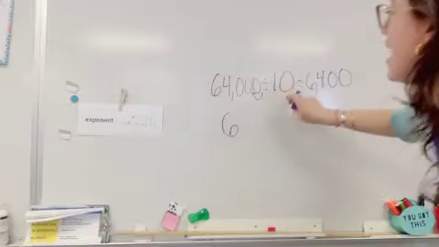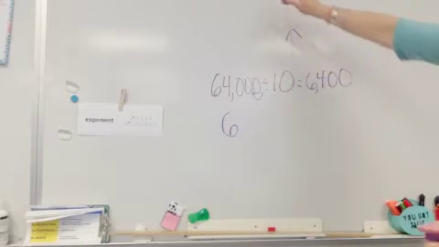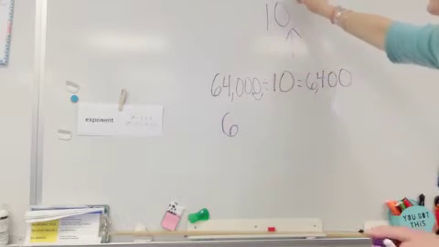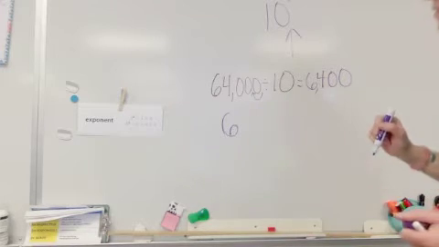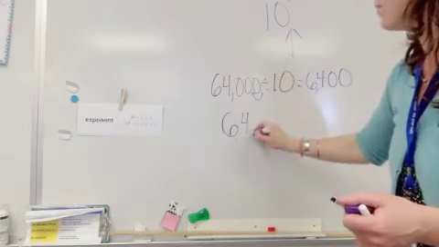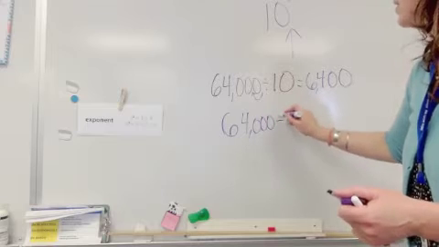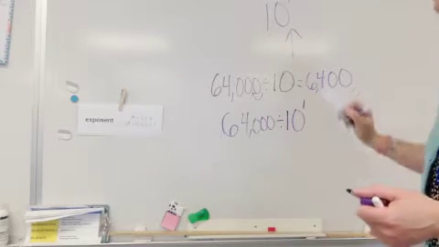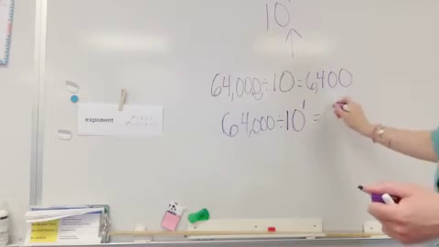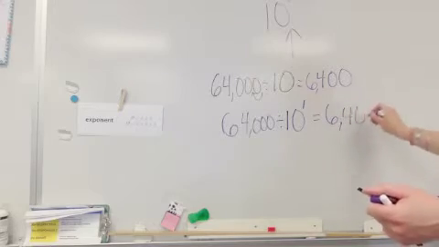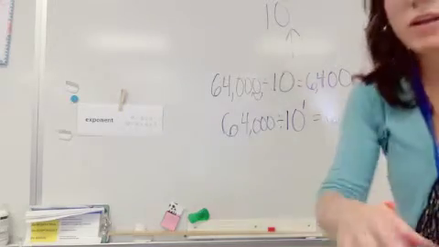Well, wait, what's 10? We decided earlier that 10 was the same thing as just 10 to the power of 1, right? So another way to write that would be 64,000 divided by 10 to the power of 1 equals 6,400.